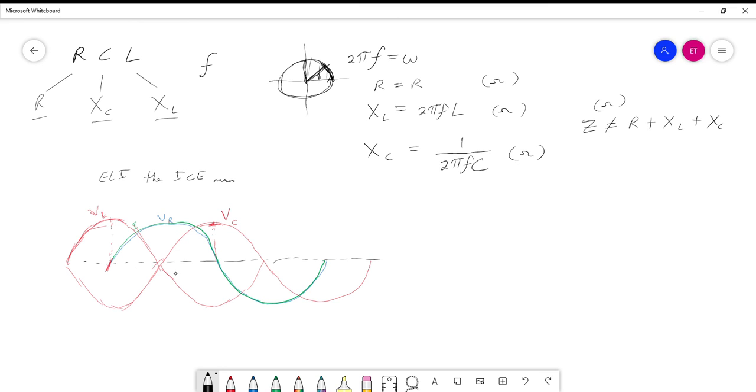Your voltage across your resistor in your circuit, your resistances, will be one waveform, and then inductive voltage across any inductance is going to be leading that, and voltage for capacitance is going to be lagging that. Overall, the total circuit voltage will be yet another waveform. So when you actually look at what's happening in a circuit that has resistance, capacitance, and inductance, and all do to some degree, and then when you hit it with a sine wave, you have maybe 4 sine waves to look at: a total circuit voltage, a total circuit current.